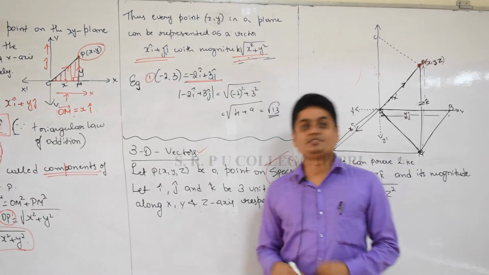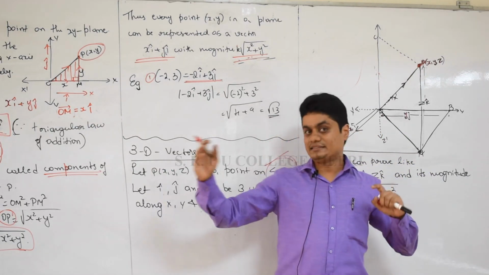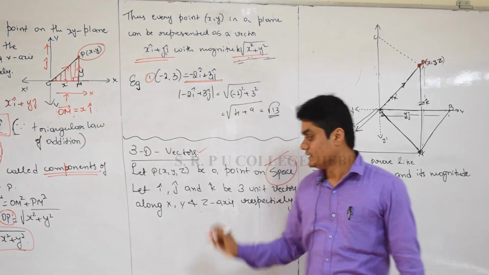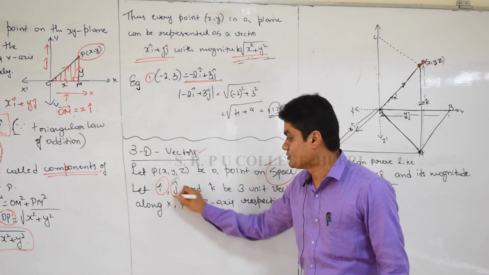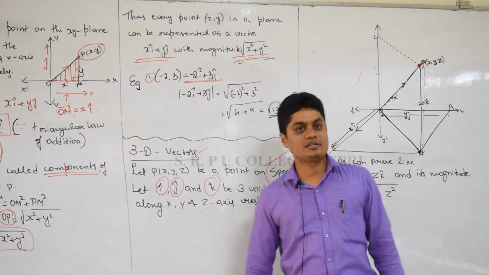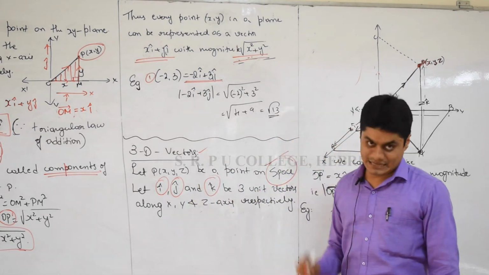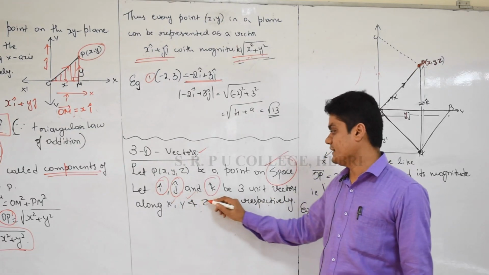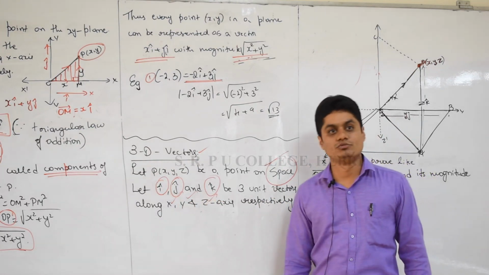In 3D geometry there are three axes: x axis, y axis and z axis. Because of that, I am considering 3 unit vectors, i cap, j cap and k cap. So let i cap, j cap and k cap be the unit vectors along x, y and z axis respectively.